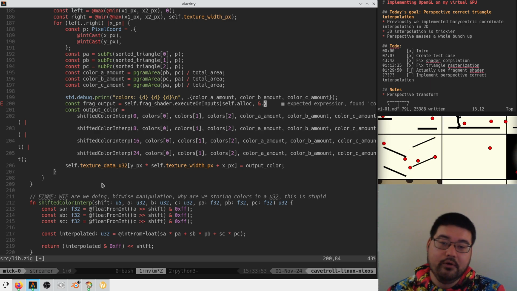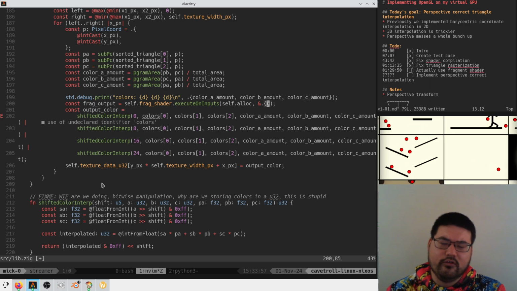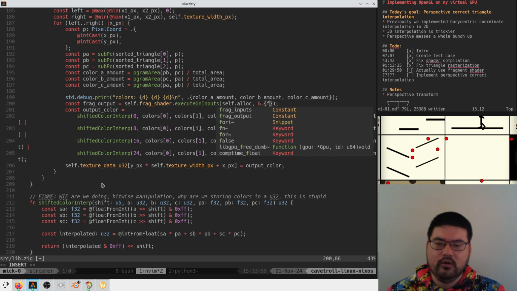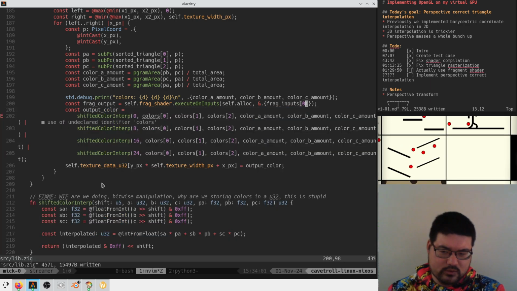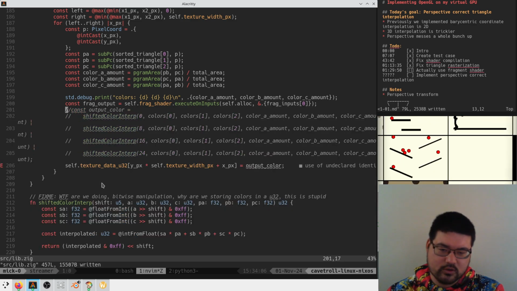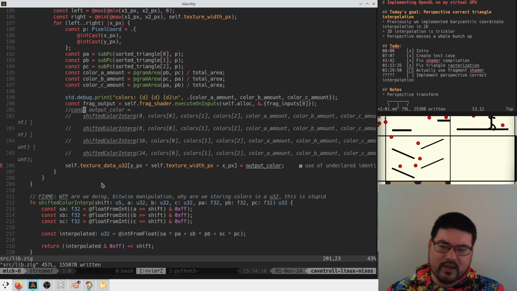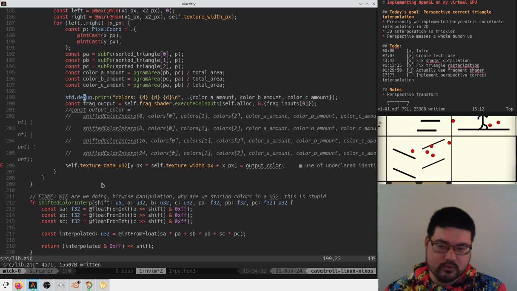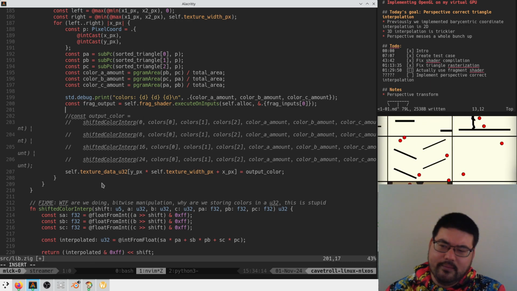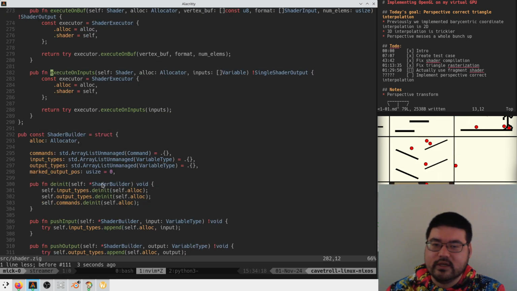But let's start right now with just using the first input. This will give us at least something. It's not the most correct, but it gives us something to work with. It'll at least test if the rest of the code is working, and then we can do interpolation after. The fragment output, I think surely this is failable.